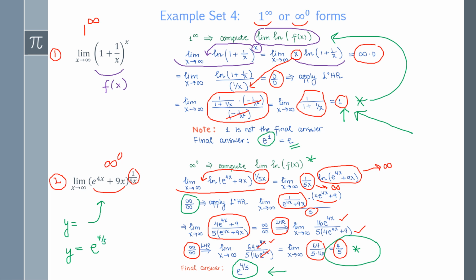See what happens. You should have the graph of this function approaching this horizontal line as x goes to infinity. All right, so this is our last set of examples for this lecture.